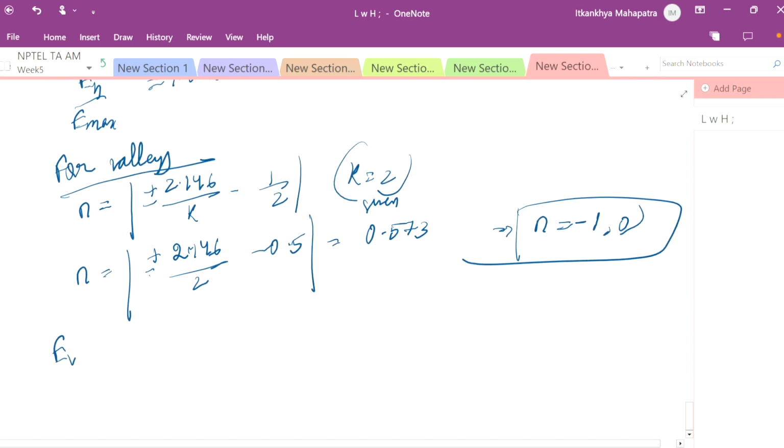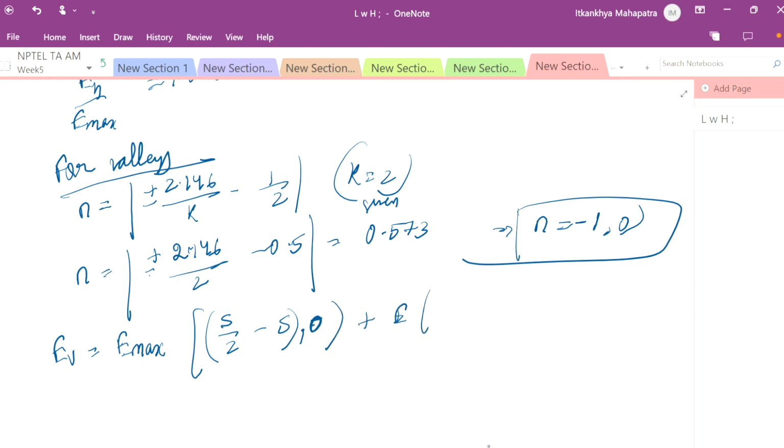Now EV, exposure of valleys, the formula is Emax, E of minus S by 2, 0 plus E of S by 2, 0. Now you have to refer to this from graphs.